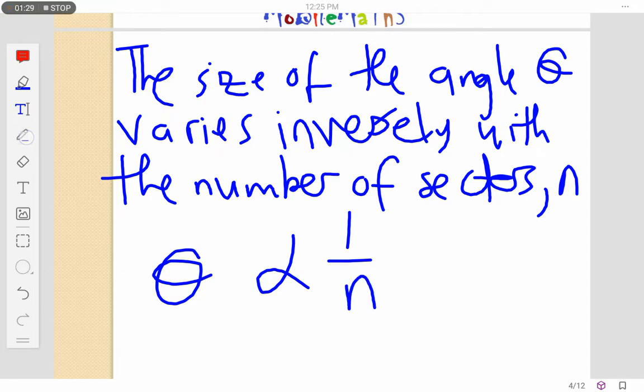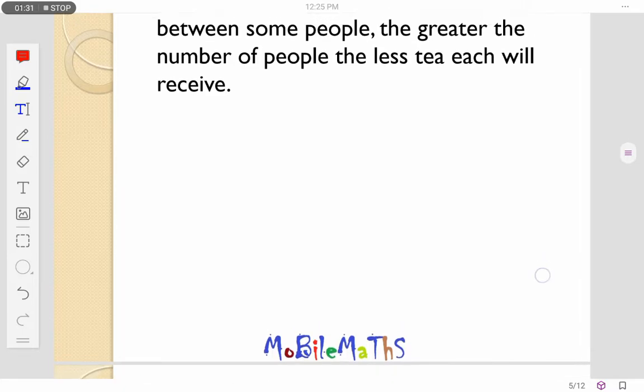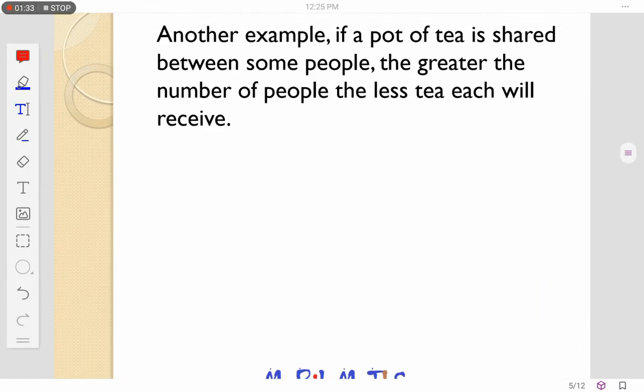I've got another example. Let's say we have got a teapot, the same teapot, and we are sharing it among 4 people. Each person will get maybe full cups. Then if we share it among 12 people, each person will get fewer and fewer portions of their tea.